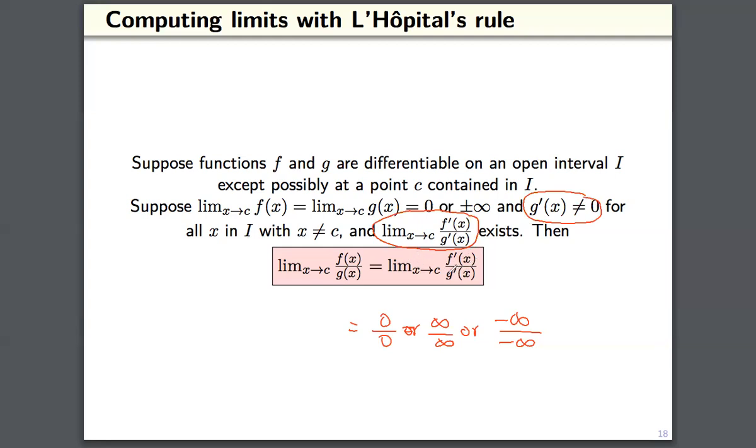And what is f dash of x? It is the differential of f of x with respect to x. Similarly, g dash can be defined. So this is a fantastic rule, and we use it heavily when we want to compute limits.